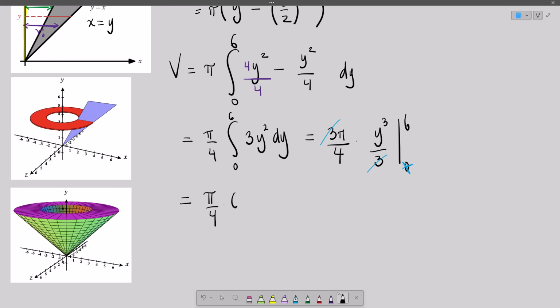Maybe it's easier to just write it as 6 times 6 times 6 for a moment, because we're going to have some cancellation here. 2 makes that a 3. That 2 becomes a 1, and that becomes a 3. Whatever works easiest for you. So then we have 9 times 6. That'll be the volume.